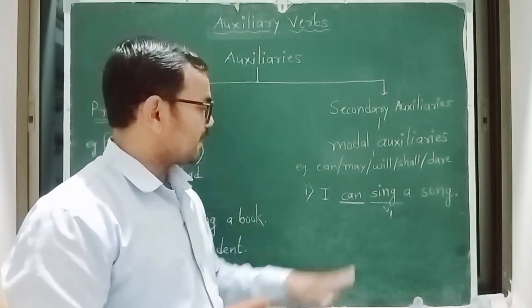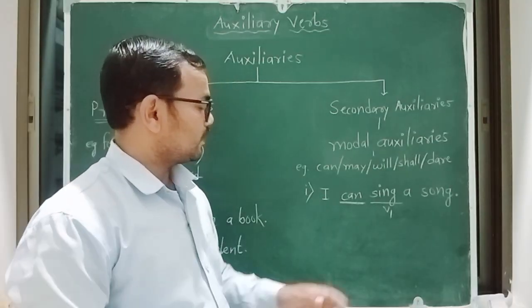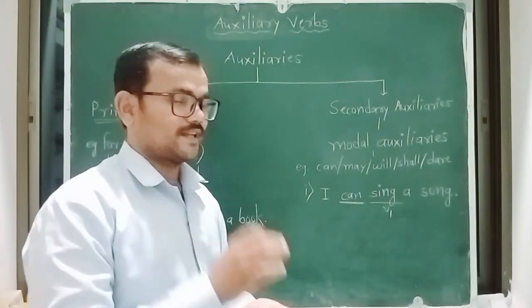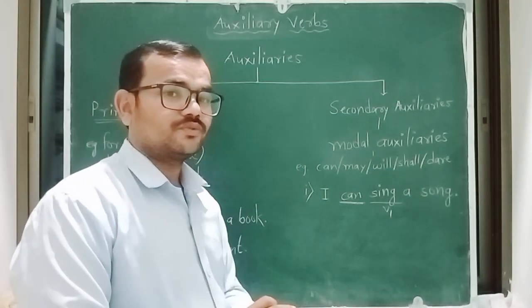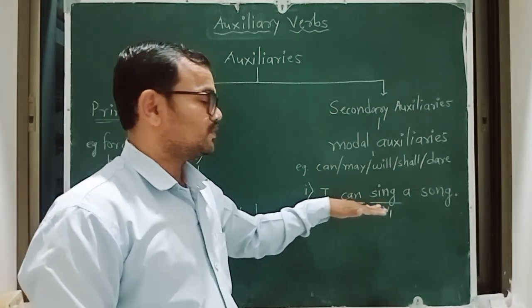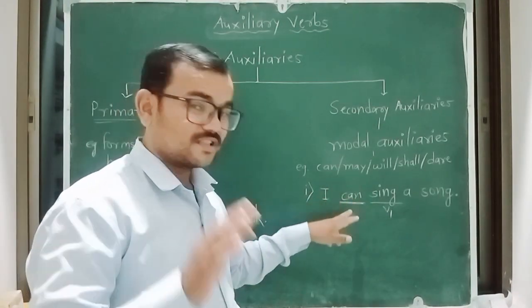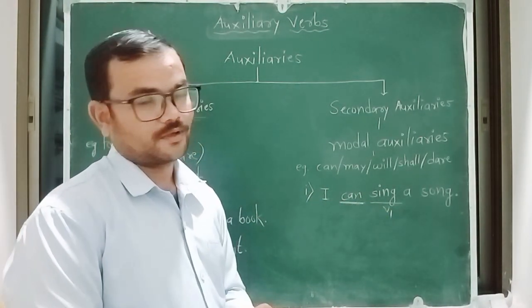So can is always followed by the root form of the verb, and sometimes in question tag, right? These modal auxiliaries can be used independently, but otherwise they cannot be used independently. They should be followed by the first form of the verb.